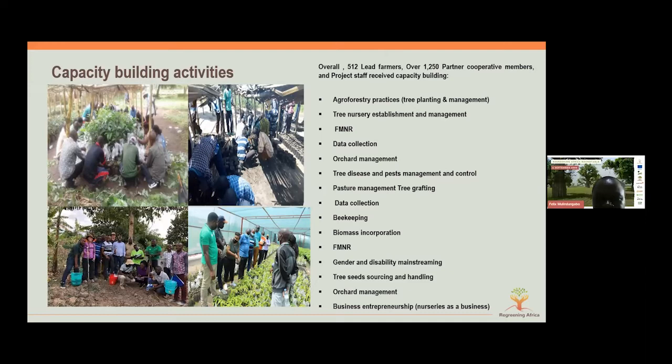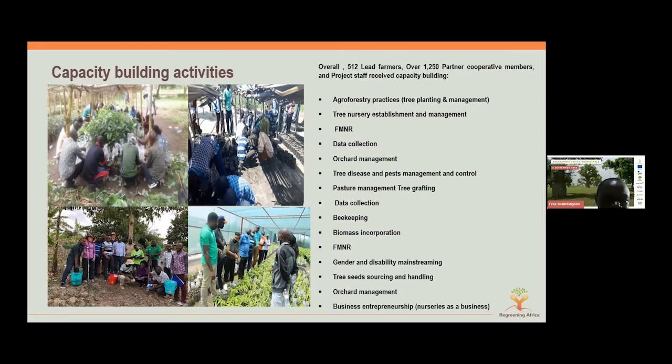They are also equipped with FMNR, how to collect data about tree monitoring, water management, tree disease and pest management, tree grafting, beekeeping, biomass cooperation. They were trained as well on gender and disability mainstreaming, tree seed sourcing and handling, as well as orchard management.